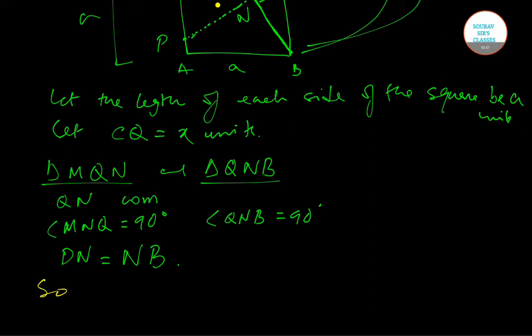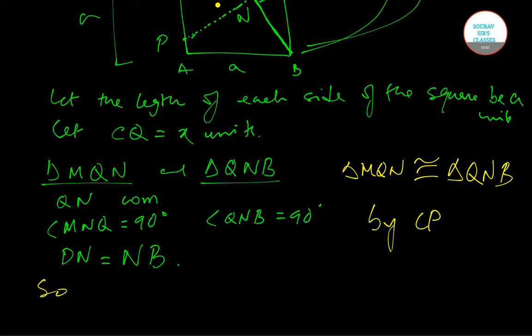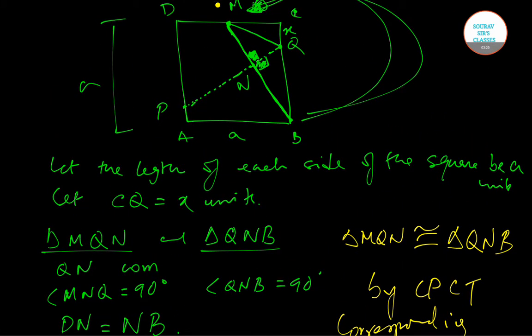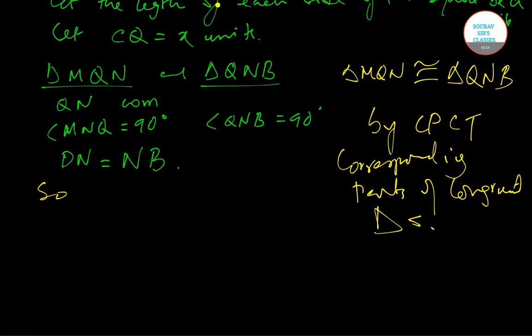So triangle MQN is congruent to triangle QNB, and by CPCT, or corresponding parts of congruent triangles, we have MQ equals to QB.